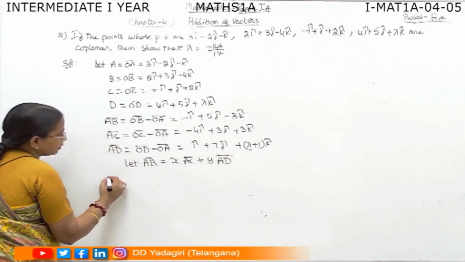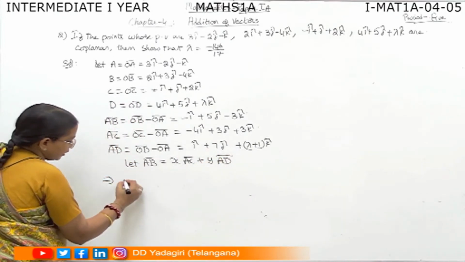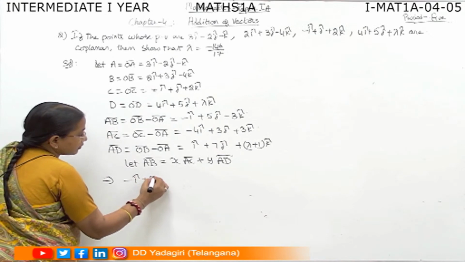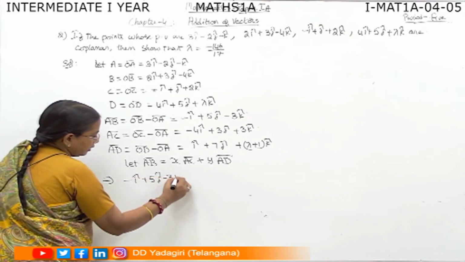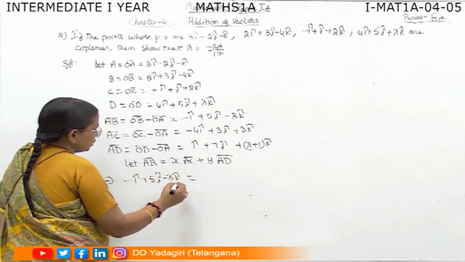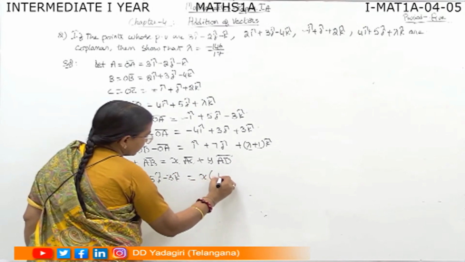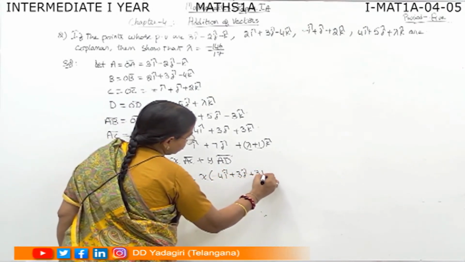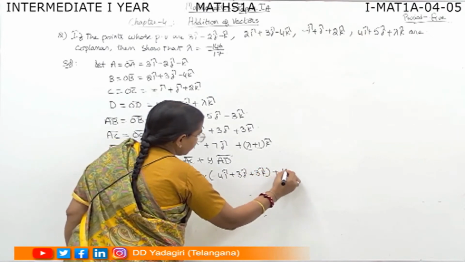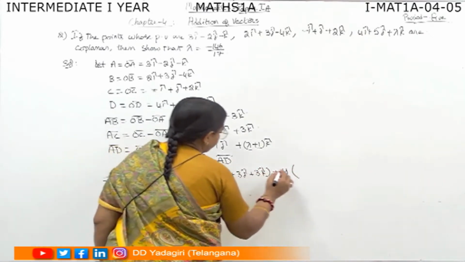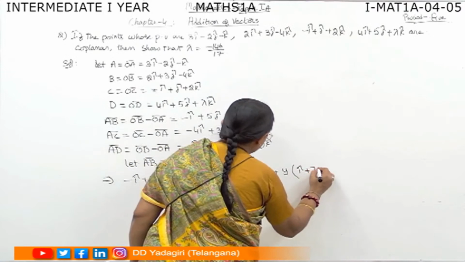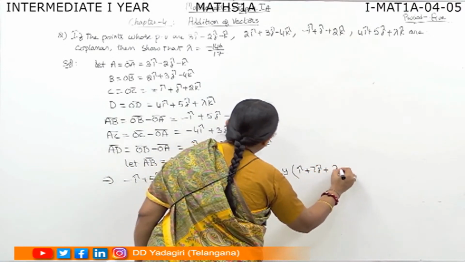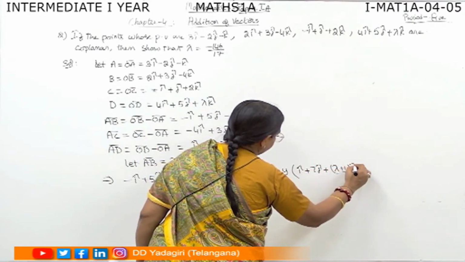So AB, minus i plus 5j minus 3k, is equal to x into minus 4i plus 3j plus 3k, and then plus y into the AD vector, i plus 7j plus lambda plus 1 into k.